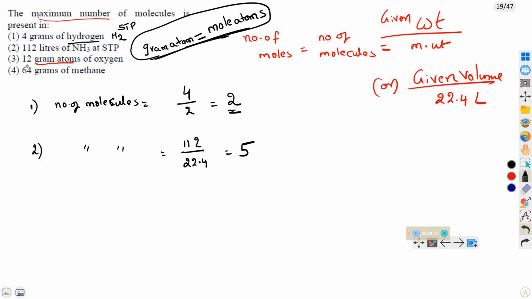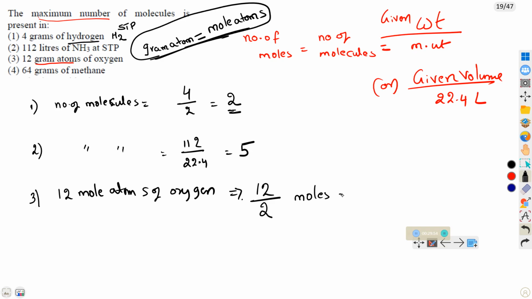That means given 12 mole atoms of oxygen, it contains 12 divided by 2 moles of molecules at STP, since oxygen is diatomic. I want molecules, not atoms. 12 by 2 means 6 moles of molecules.